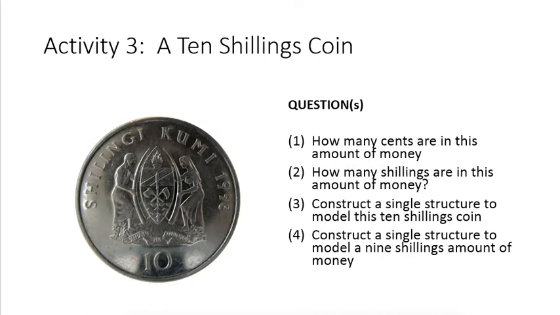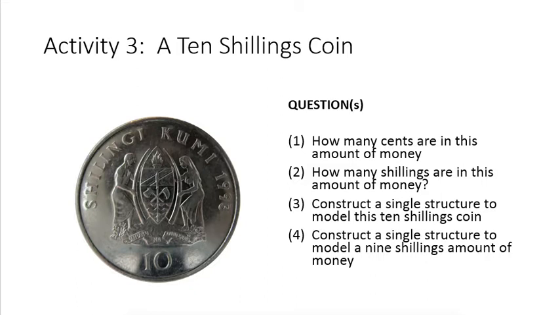This is another activity. It is activity 3. This is a 10 shillings coin, and the questions here are, how many cents are in this amount of money? Take some time to note down how many shillings are in this amount of money, and then take a 100 grid square and shade it to model this 10 shillings coin.